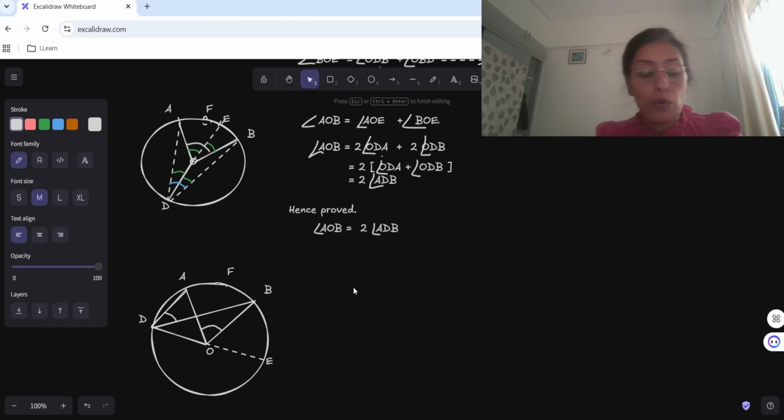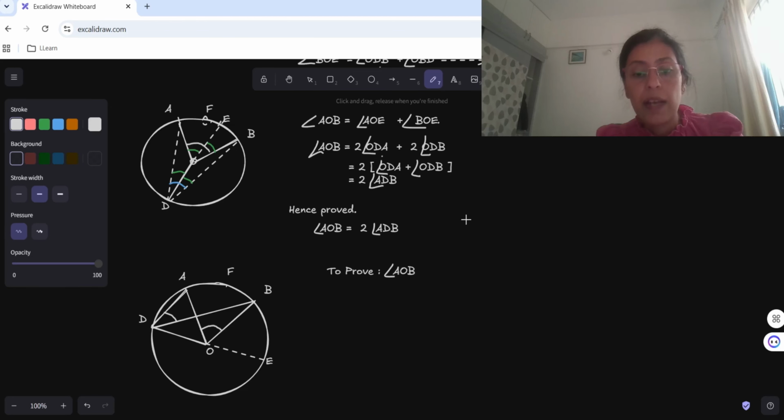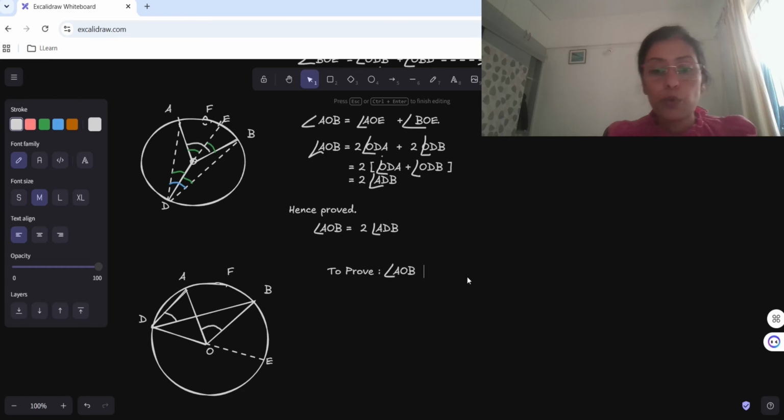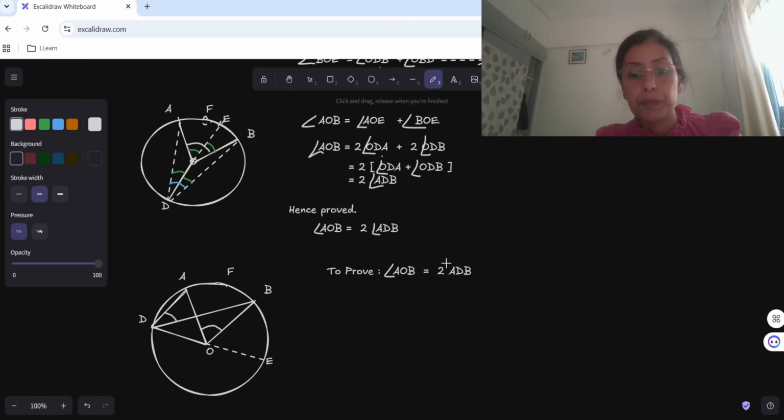So here also what we have to prove is that the angle subtended by the arc at the center is AOB. So this is our angle AOB. What I have to prove is it is twice of the angle subtended by the arc at a point on the other side of the arc or outside the arc. So that angle is ADB. We have to prove this.